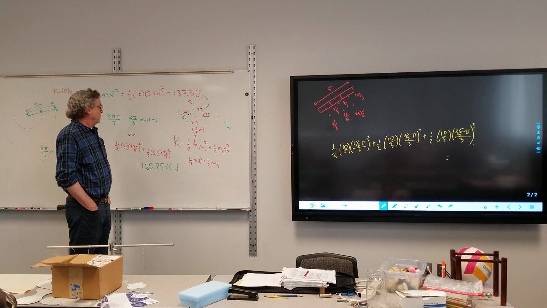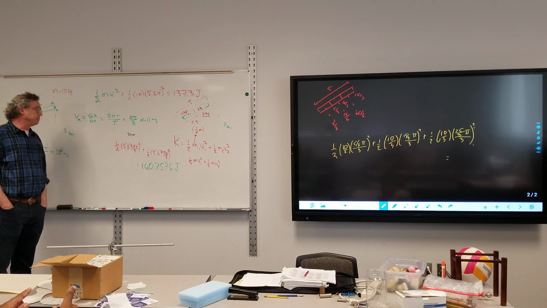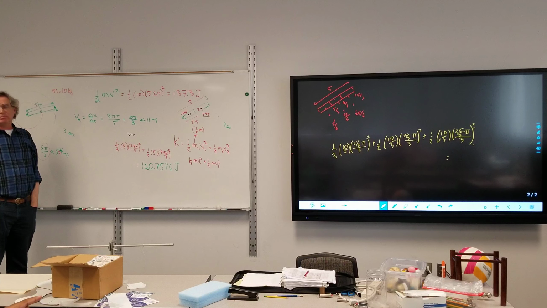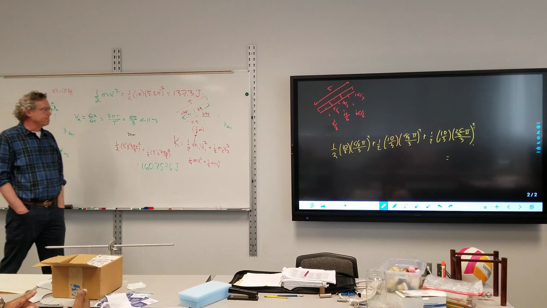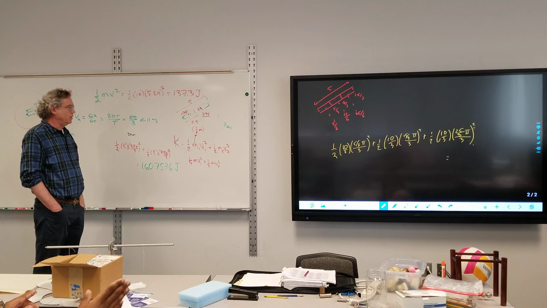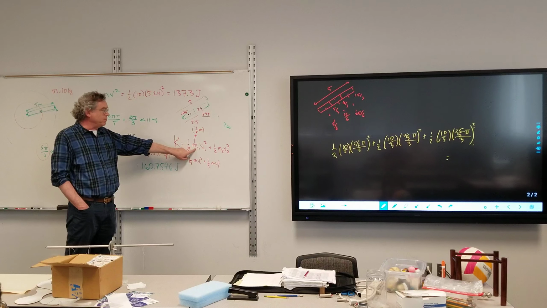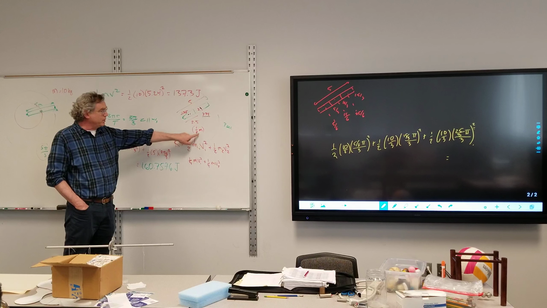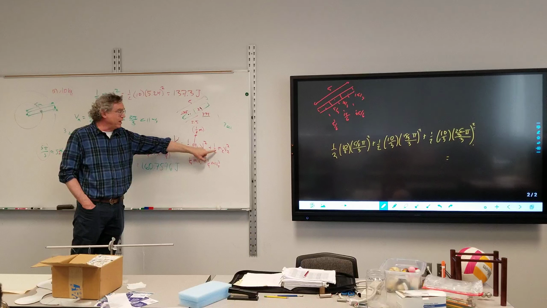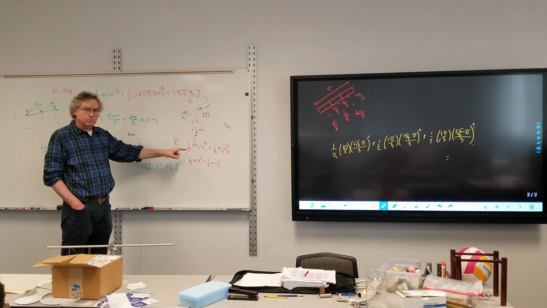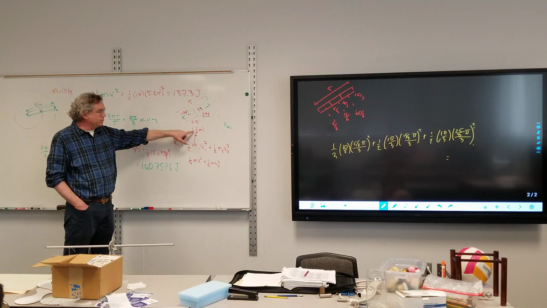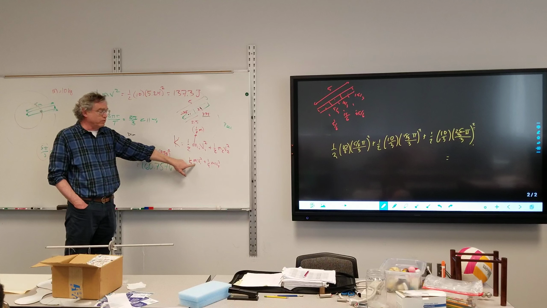Ultimately, it doesn't have to be. Second question. Those 1/4 mv squared and then the rest, what is that for? Since I broke it directly in half, mass 1 would be half of the total mass. Mass 2 would be half of the total mass. So I did 1/2 times 1/2 times the total mass, so that's 1/4 of the total mass.